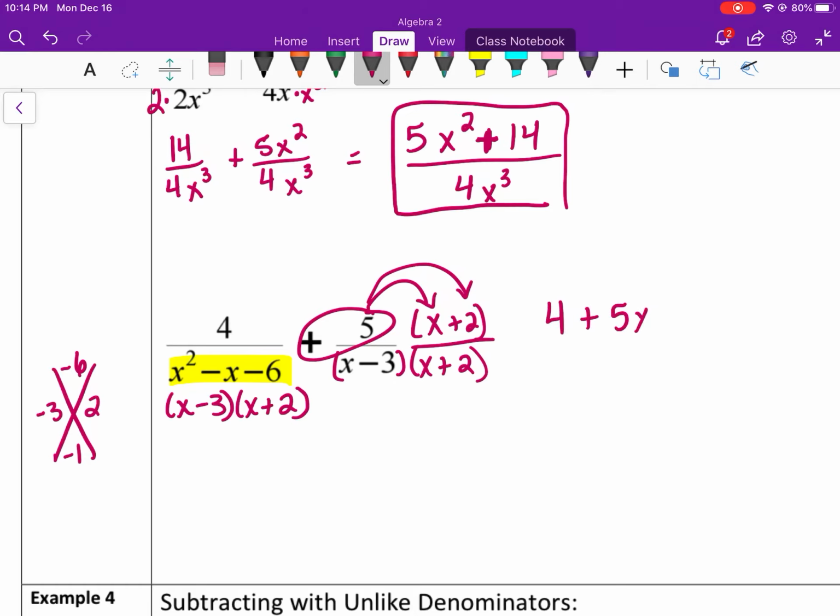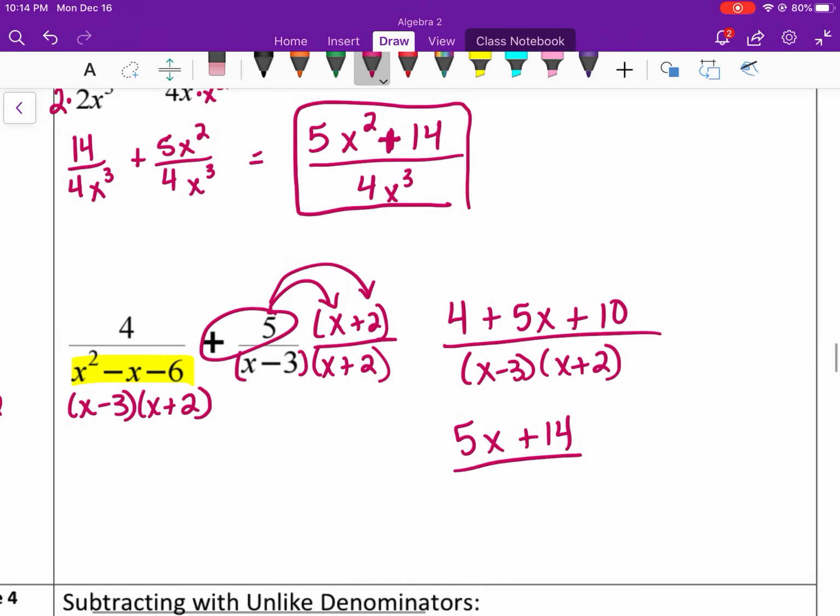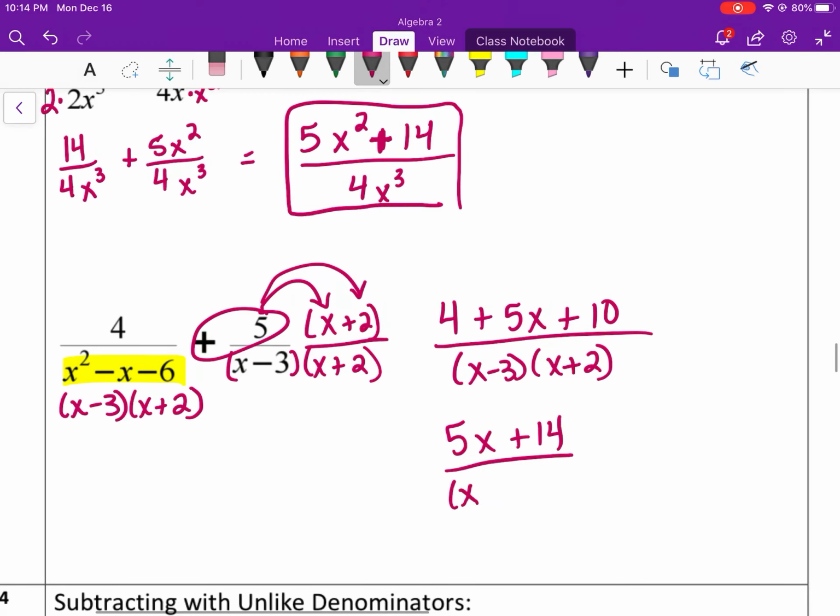I'm going to get 4 plus 5x plus 10 all over x minus 3 and x plus 2. So then you can combine the 4 and the 10 on top, so it'll be 5x plus 14 over x minus 3 and x plus 2.